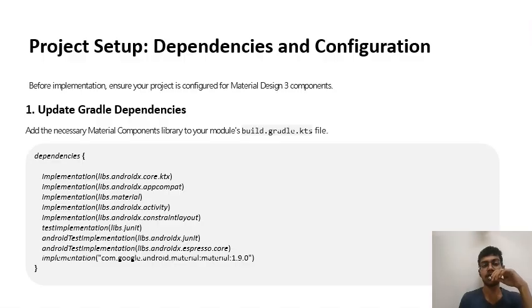Then here comes the star of the show, the Material Design Library. This is what gives us access to the beautiful Material Design 3 date picker component. You might notice I have it twice. That was during debugging, but the key point is this library provides all the user interface components, including our date picker.